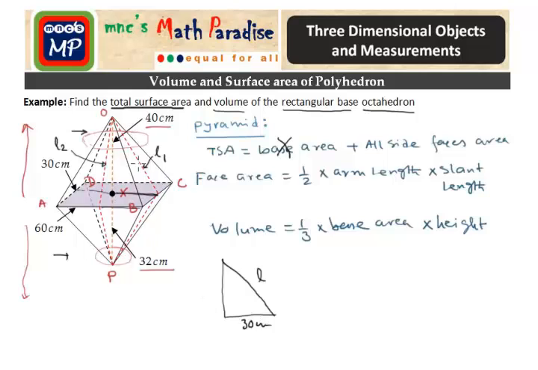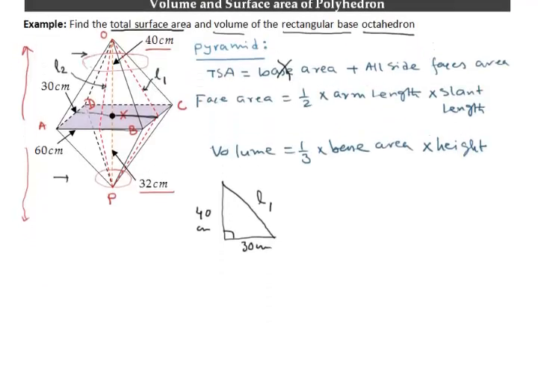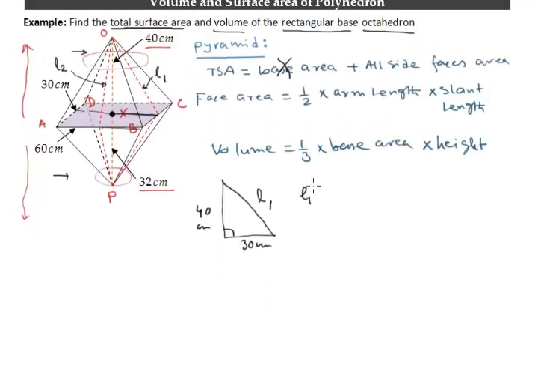This is the slant length, and this is the height of the top pyramid, which is 40 centimeter. From here, this is a right angle, so we can find L1. Using Pythagoras theorem, L1 squared equals 40 squared plus 30 squared, and from the calculation we get L1 equals 50 centimeter. So we found this slant length to be 50 centimeter.